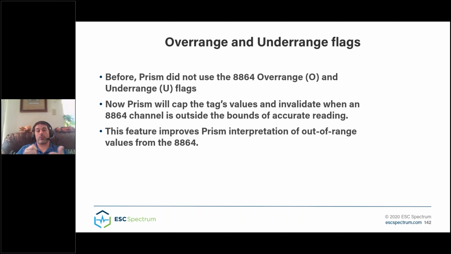The 8864 responds by, if it's too high, setting it with the O flag, and if it's too low, setting it with the U flag. Now, Prism before didn't use those flags; its behavior wasn't dependent on the O or the U flag. And so the request was made for Prism to start using those and to start doing the value substitution and flagging accordingly.